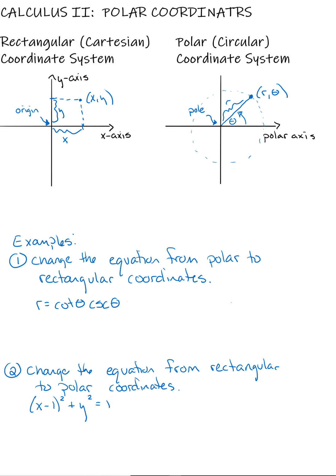Now, there is a way to connect these. Turns out that x is equal to r cosine theta from the polar coordinates, and y is equal to r sine theta. And we can also go the other direction.